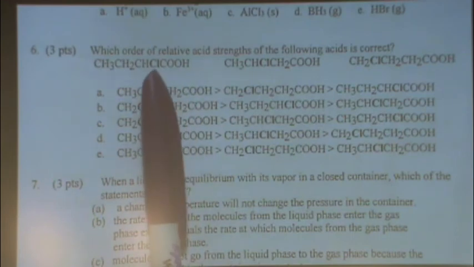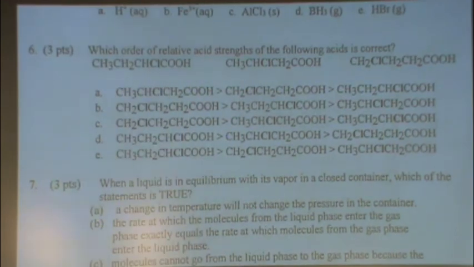So the Cl, what effect is this? There's 4 factors. Inductive. So the Cl that is closest to the acidic hydrogen will cause that one to be the most acidic.